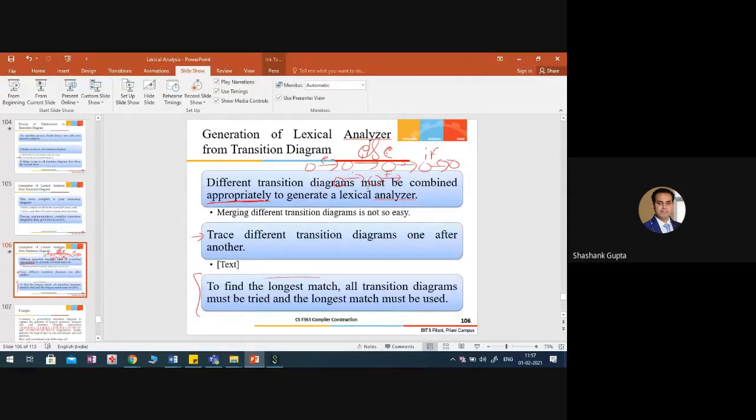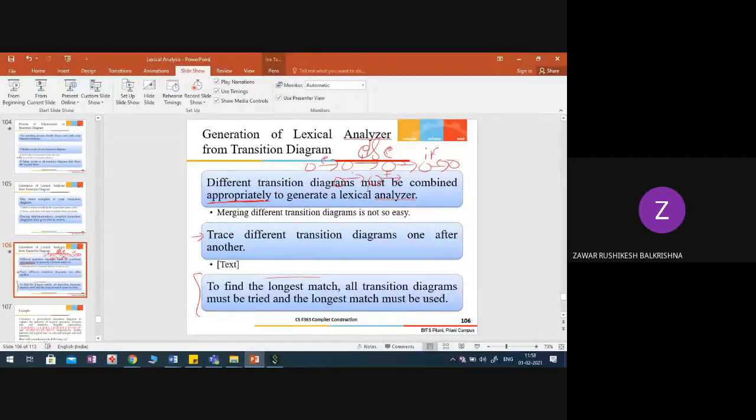You may return something which you are not supposed to, so you have to deal with that at the implementation level for the generalized transition diagram. However, that is not true for multiple transition diagrams, because each transition diagram gives you the unique token, and that is our goal, that a proper tokenization must be done.